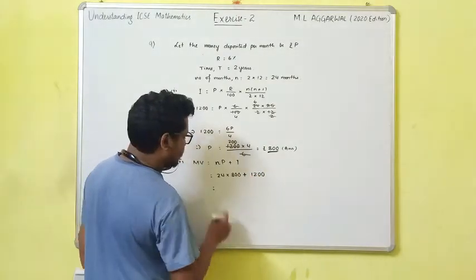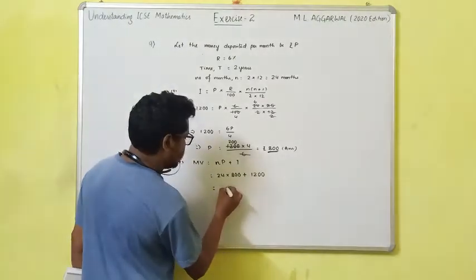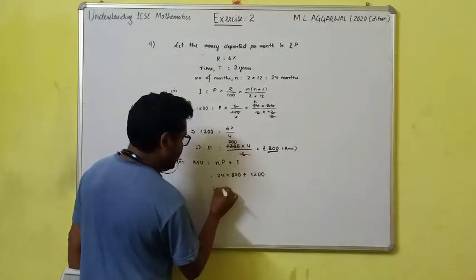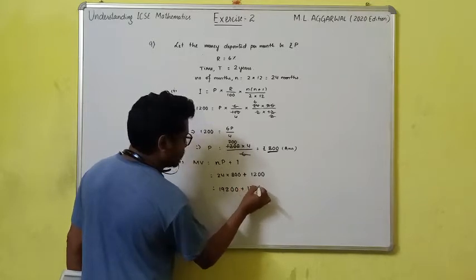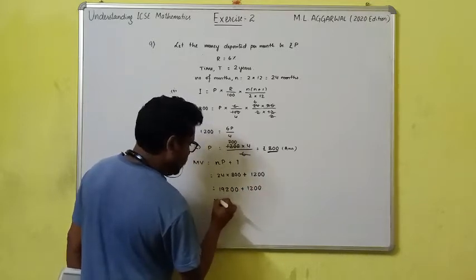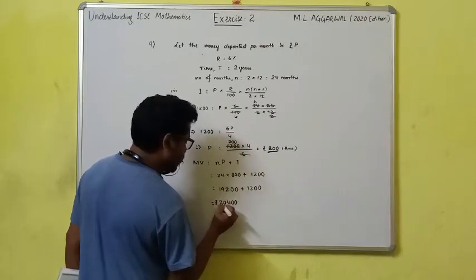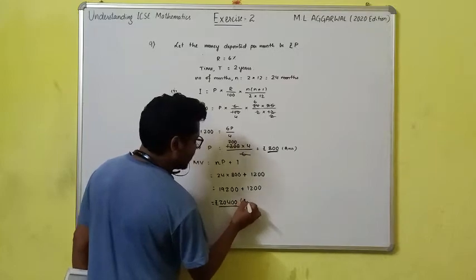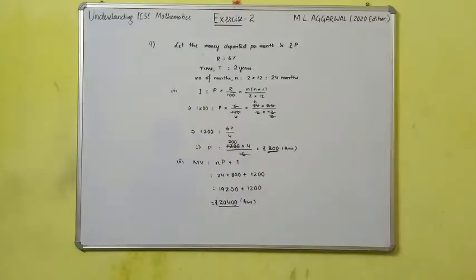So 24 into 800 is 19,200 plus 1200. So it will be equal to 20,400. So rupees 20,400 will be your answer. In this way you have to solve this kind of problem.